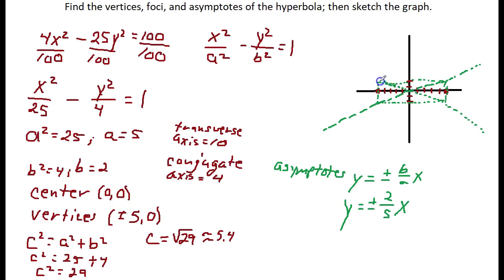I need to go through my corner. Not perfect. These are not perfectly drawn. It will help if you use a ruler. It'll help a whole lot.